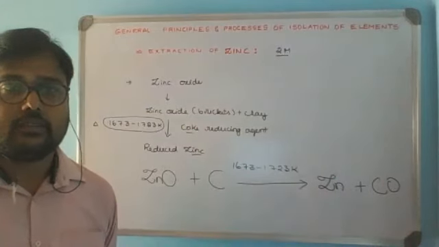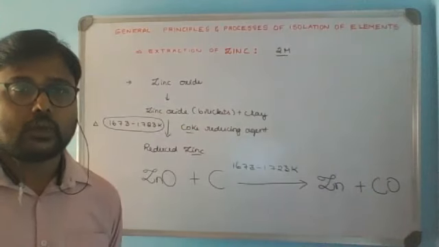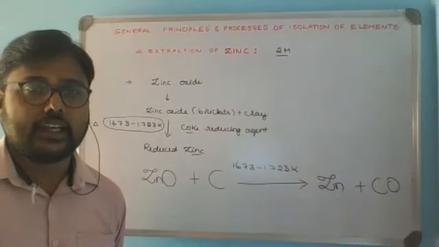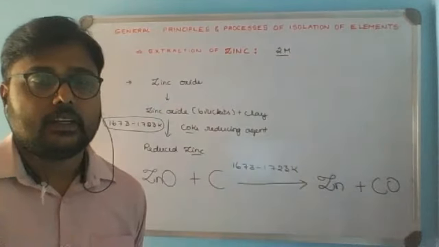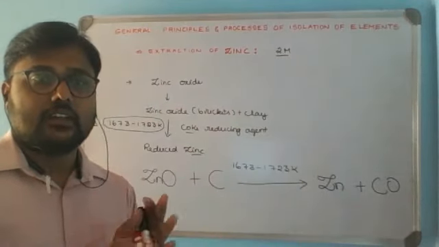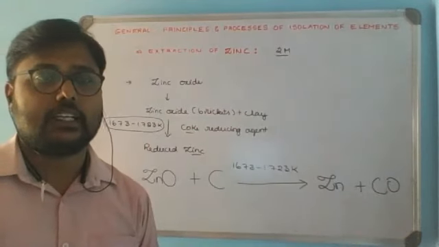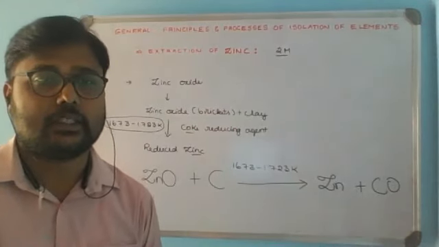So with this, we have completed pyrometallurgy, that is heating the ore during its extraction. Now we will try to understand the next principles involved in metallurgy, that is electrochemical principles.